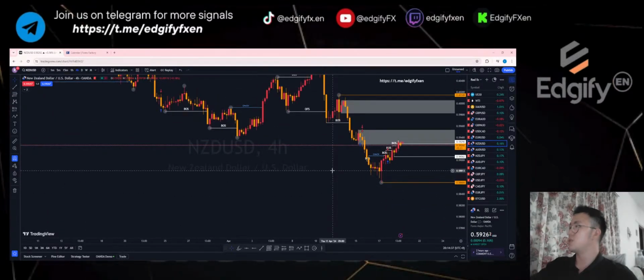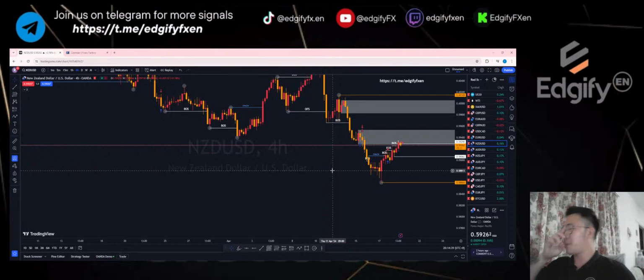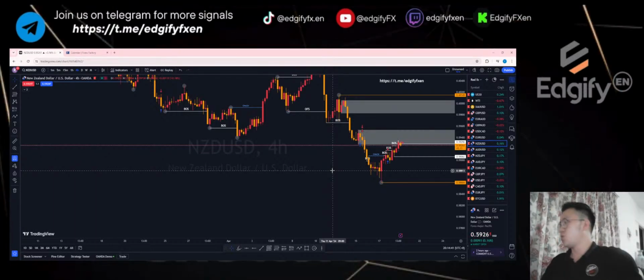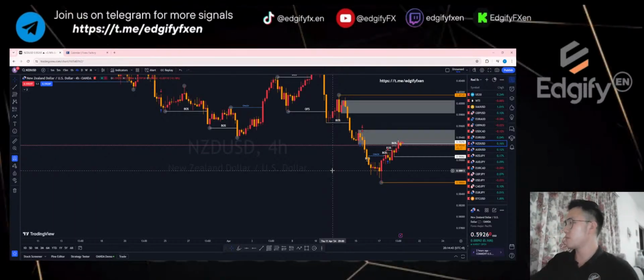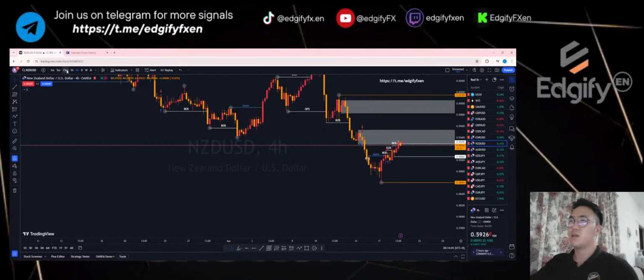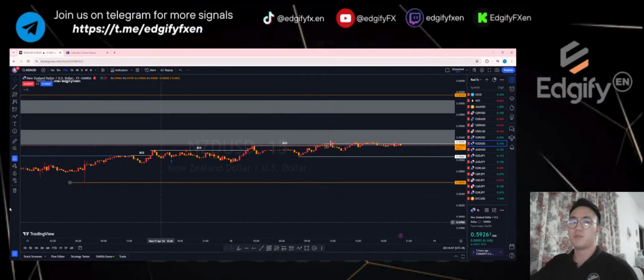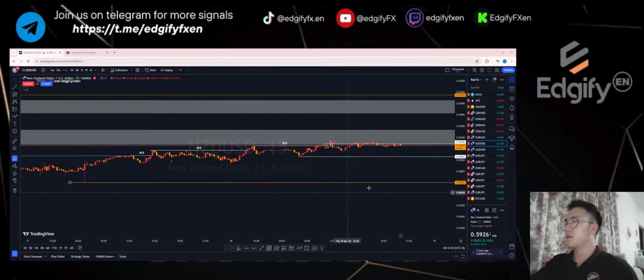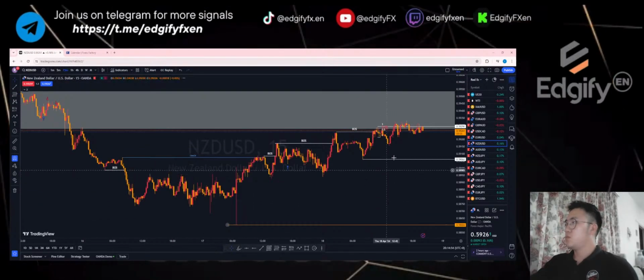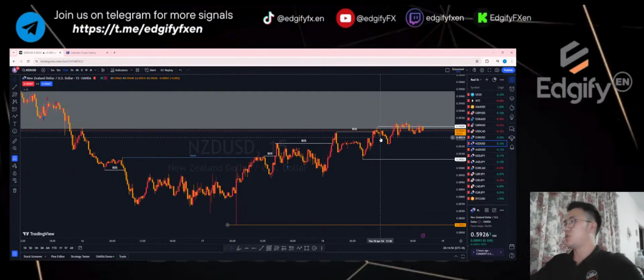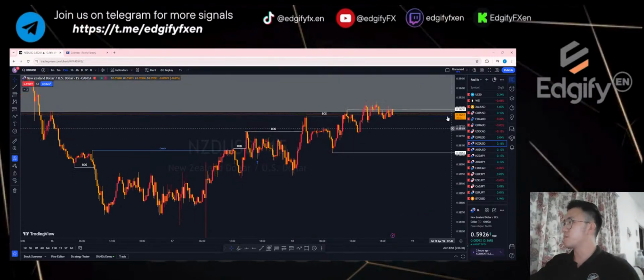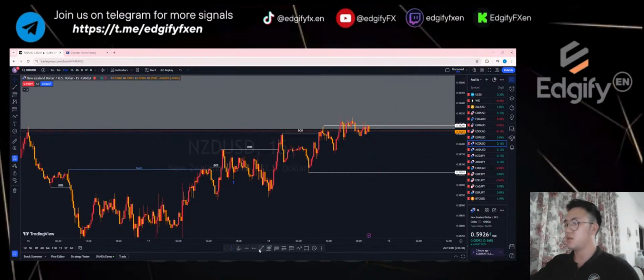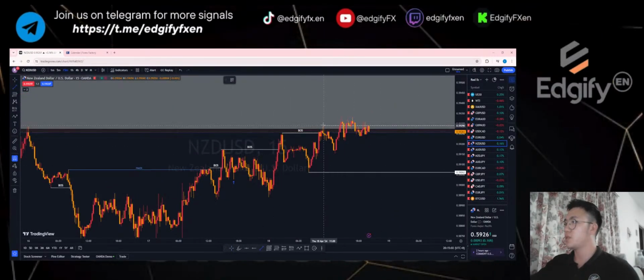Alright, so this is NZD USD. It has already tapped into the hour 4 zone where we are looking to sell. Hopping onto the minute 15, we need to get a confirmation. Minute 15, I have another break here.